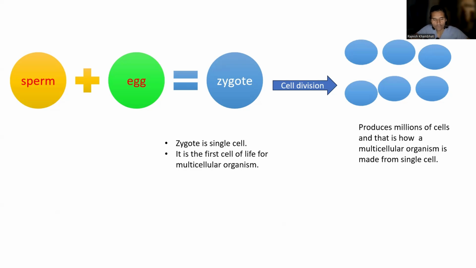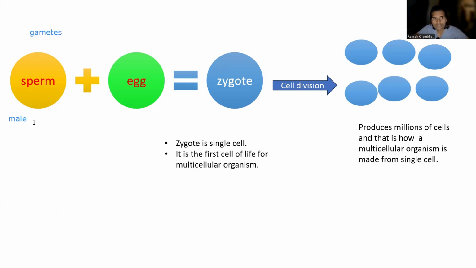What is happening normally? For example, there is a sperm and egg. Now, if you don't know, I will tell you. The sperm will be coming from the male. What is a sperm? These are gametes. They are called gametes. So sperm and the egg are gametes, gamete cells.